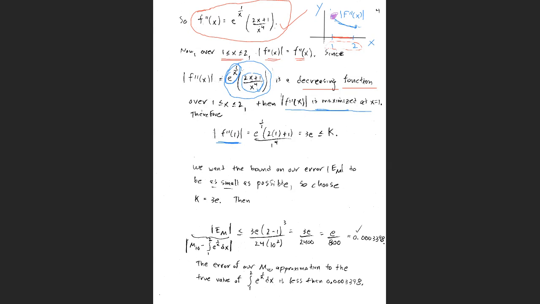The second derivative is maximized at x equals 1. And so hence k is going to equal the second derivative of f at x equals 1, and that's going to turn out to equal 3e. And WebAssign will want the exact value. It does not want a decimal. If you can get the exact value, it wants the exact value.